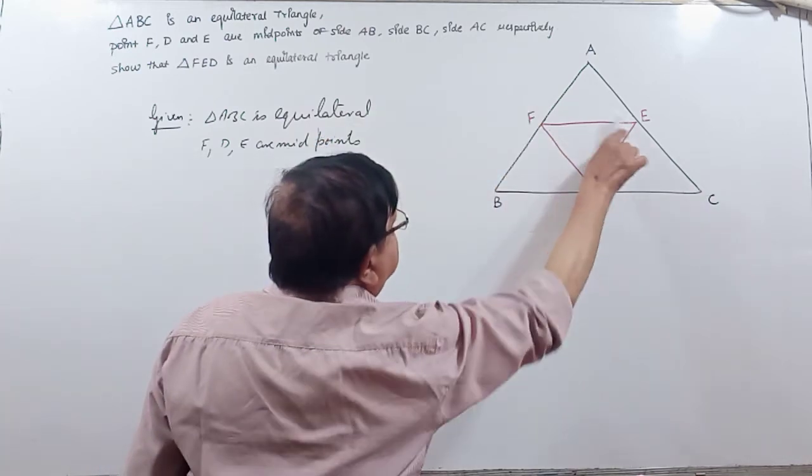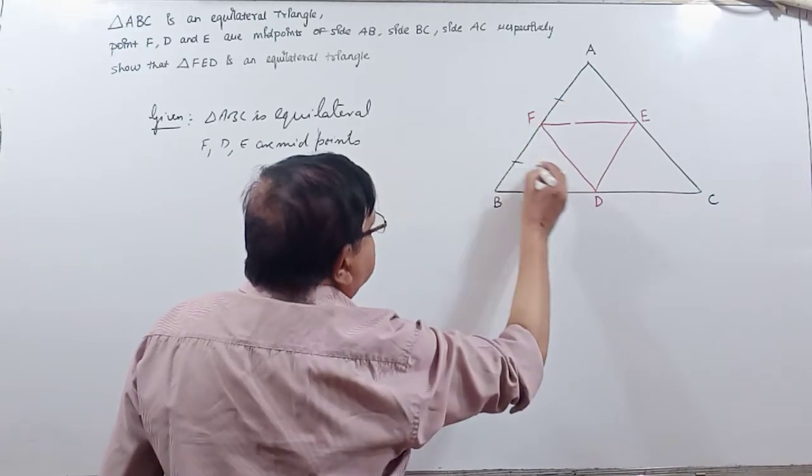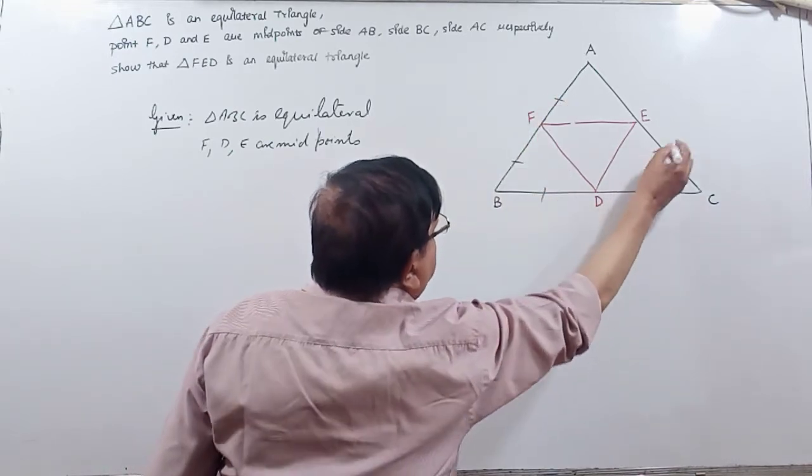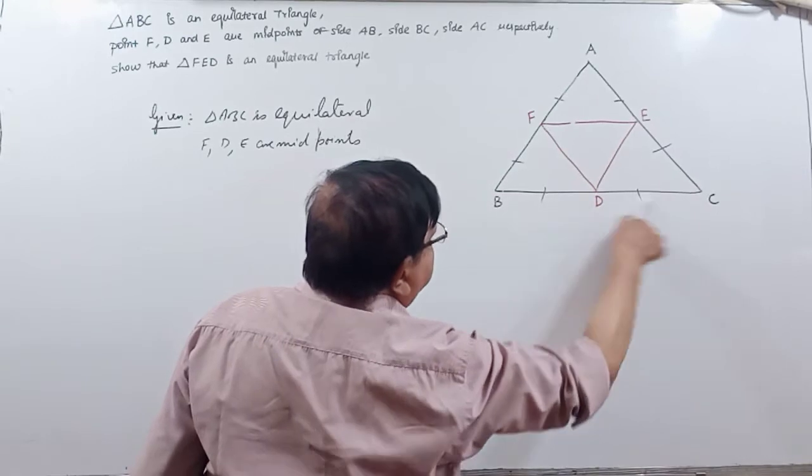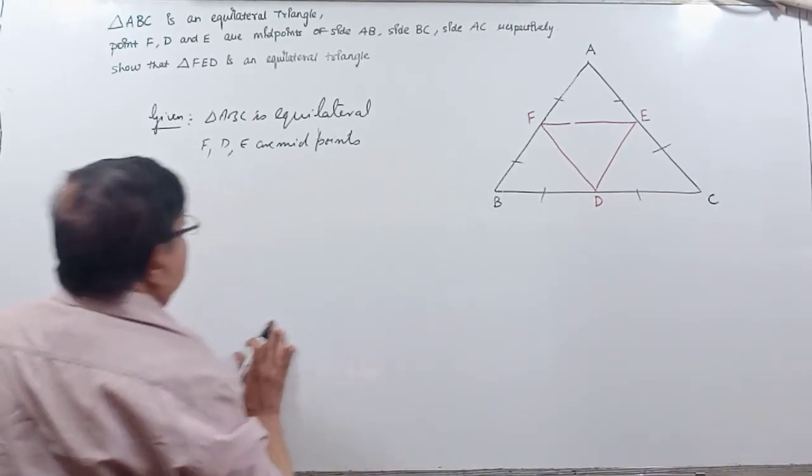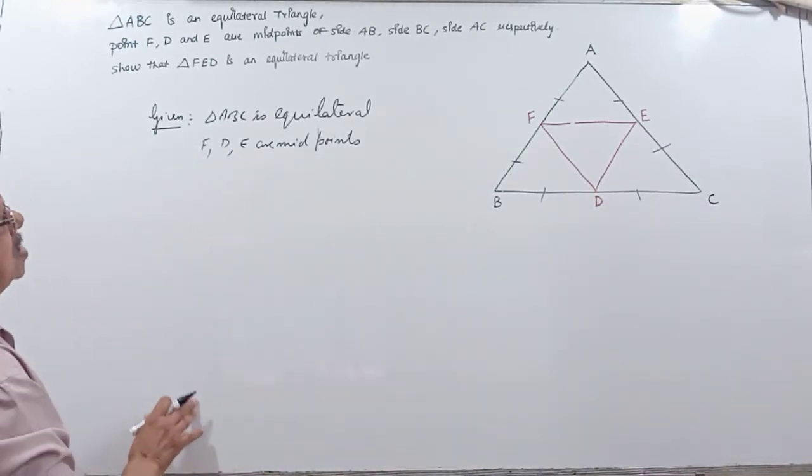This and this are midpoints. You know, this is equal to this, equal to this, so all are equal. Equilateral triangle means AB equals BC equals AC.